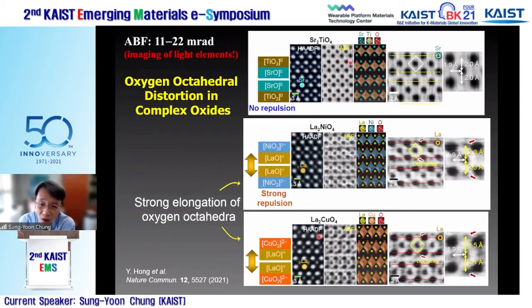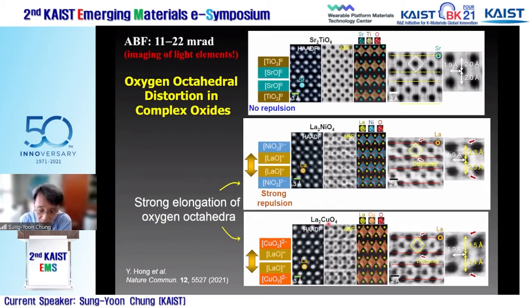In this case, the oxygen octahedral is almost cubic. But in this case, you can see the oxygen is elongated along the z-axis. So strong elongation of the oxygen octahedral can be observed by using the ABF.